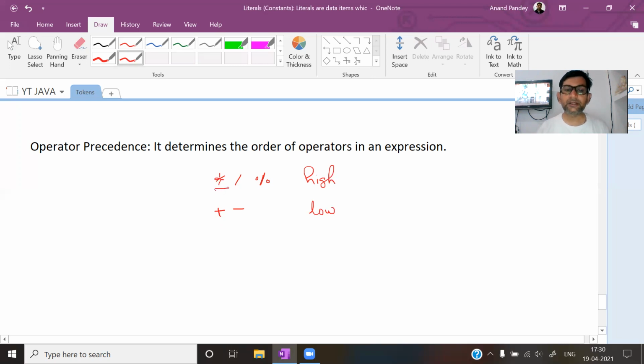Again I'm repeating, these three operators have the same precedence, higher than plus and minus. Like that, plus and minus have the same priority but lower than these three.